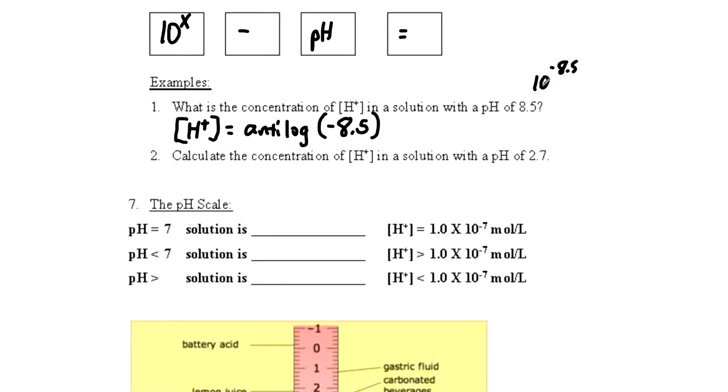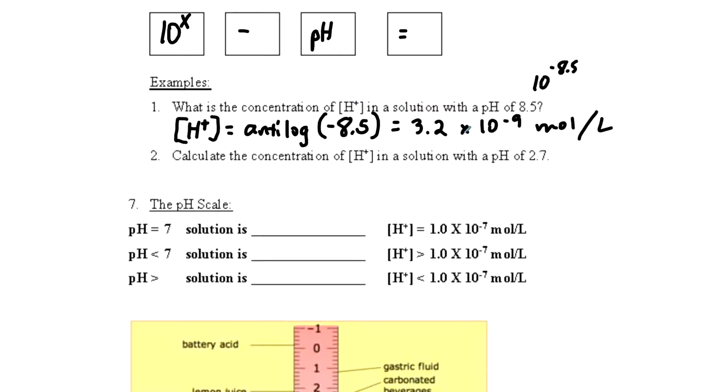That's really what we're doing here. Okay, so if you do this sequence, or maybe this followed by this, try both and see what works. You should get to 3.2 times 10 to the negative 9 moles per liter. Okay, so that's your concentration of hydrogen ions.